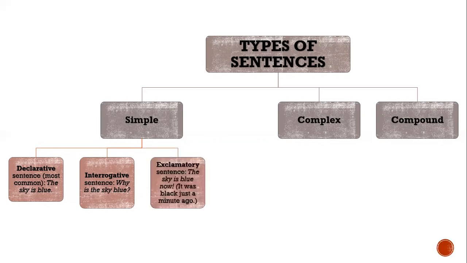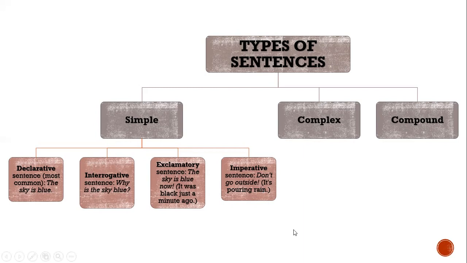The next one, exclamatory sentence. Exclamatory means seruan, right? The sky is blue now! So this one, kalimat seruan, always has the exclamation mark. And the last one is imperative sentence. Okay, kalimat perintah. Usually it has the exclamation mark as well, right? And then we have the complex sentence and the compound sentence.